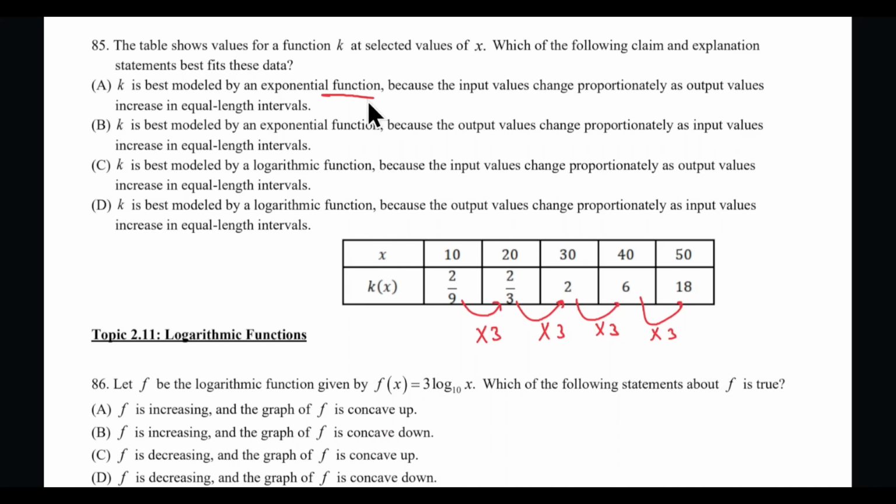So obviously this is exponential, because the output values change proportionally as the input values increase by equal intervals. So that's definitely correct. It has to be option B. That should be our answer.